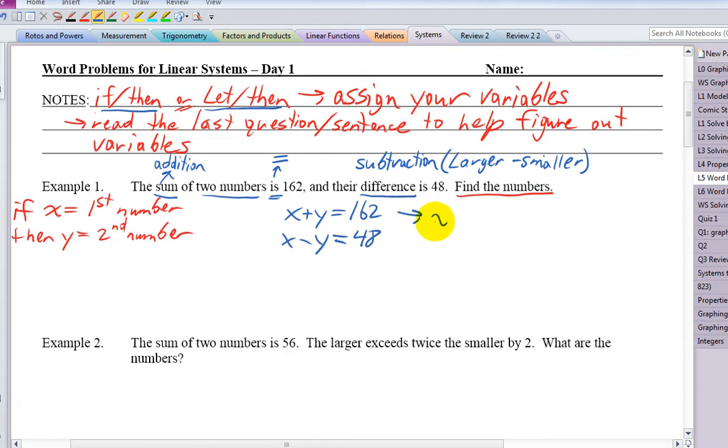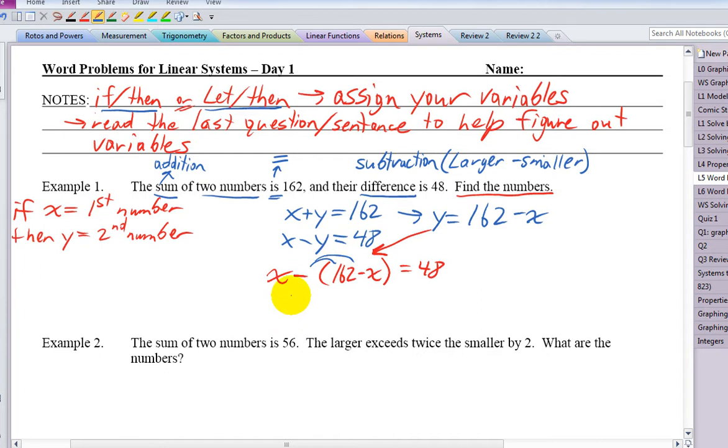Okay. Let's practice substitution because this is the only question where it's nice and easy. Here, change this to X equals. What is that? Actually, let's change it to Y equals, and Y equals what? 162 minus X. So now we have to go and solve. So we should get X minus what goes in brackets? 162 minus X. Okay.